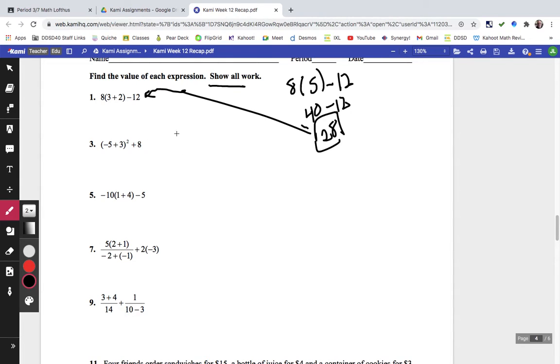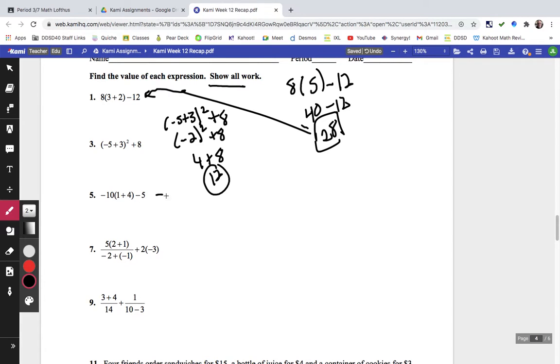The next one is a negative 5. I'm going to write every step on this one. I kind of skipped that first step last time. Negative 5 plus 3 is negative 2. Because it's in the parentheses, we're going to square that. That's negative 2 times negative 2, that's 4, plus 8 is 12.